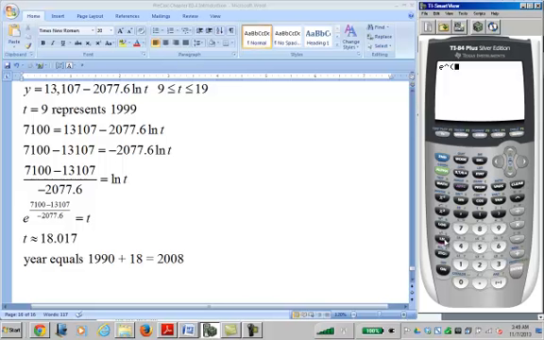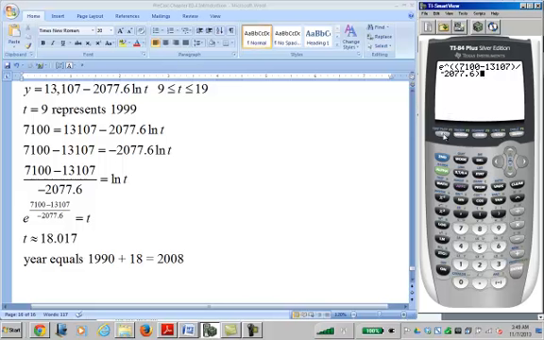And now the numerator, you have to put that in parentheses. 7,100 minus 13,107, close parenthesis, divided by negative 2077.6, close parenthesis.